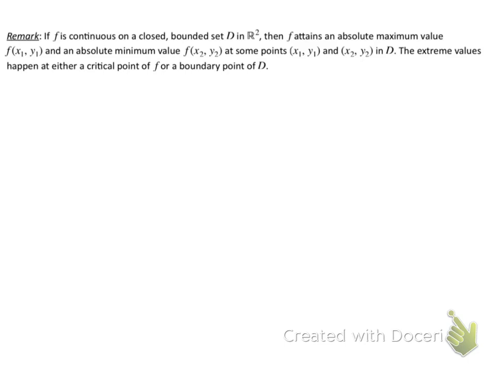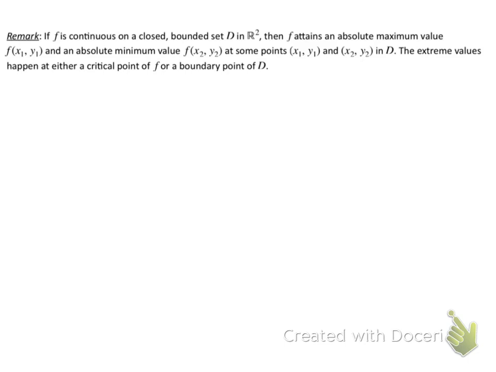So the absolute maximum and minimum values will happen on 2 possibilities. A, critical points. The local maximum and minimum are your candidates, but also the boundary is your candidate. So to find an absolute maximum or an absolute minimum, you list all the local maximums or local minimums. Then you look at the boundary and see what is the maximum value on the boundary.